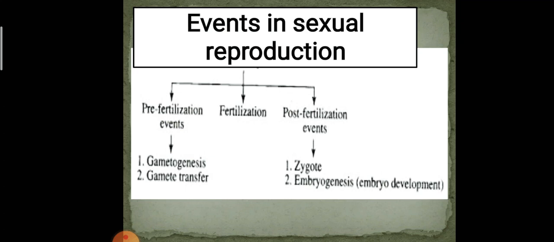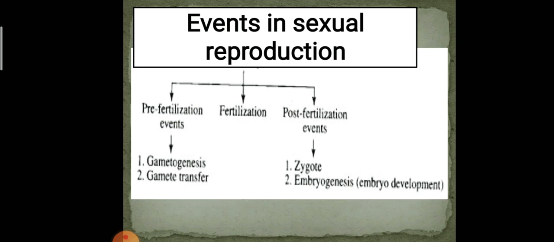So let's discuss which events we require to perform this reproduction: pre-fertilization event, fertilization event and post-fertilization event. In sexual reproduction, fertilization is most important. But to perform fertilization, first we require gametes. To produce gametes, we require a process known as gametogenesis.